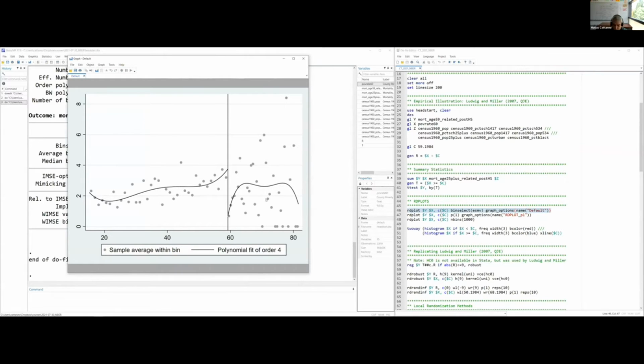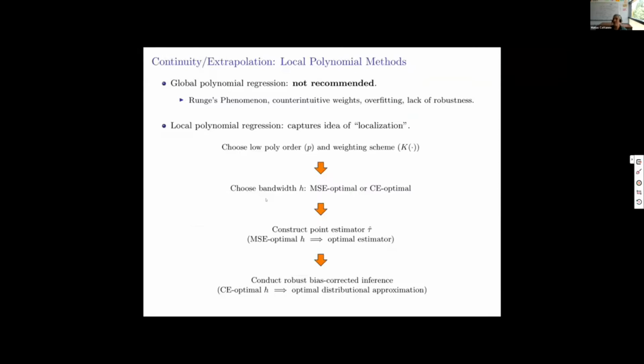And so in the context of local polynomial analysis, instead, what we're going to do is we're going to choose a lower order polynomial fit and perhaps some weighting scheme that allow us to downweight observations as they are farther away from the cutoff point in the space of the score.